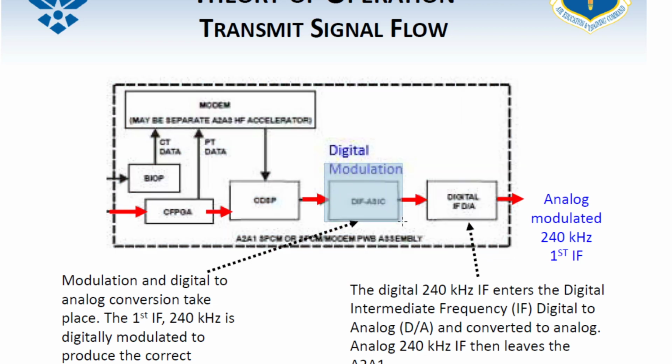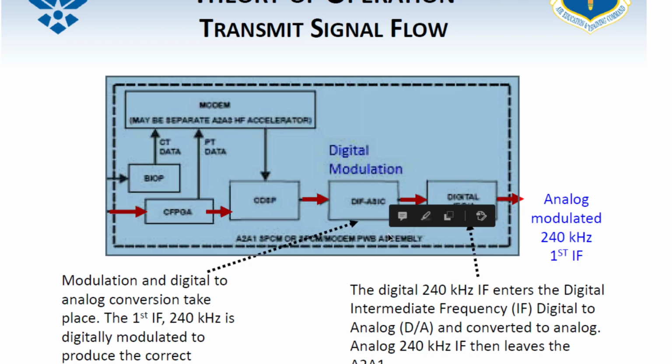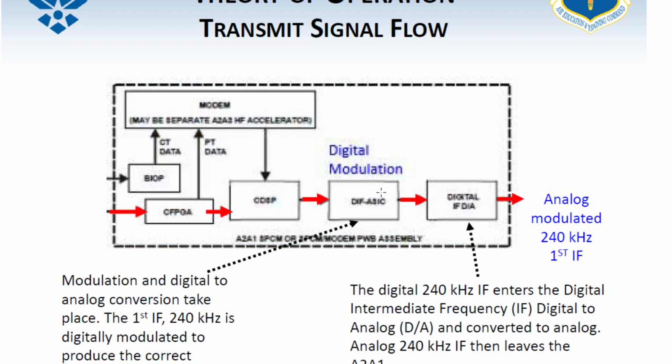We will then go to what's known as the digital modulation portion of the radio, which you guys will hear A2A1 and digital modulation together quite often because of this small circuit right here, this DIF-ASIC, which stands for Digital Intermediate Frequency Application Specific Integrated Circuit. No, you do not need to memorize that. You do need to know what it's doing.